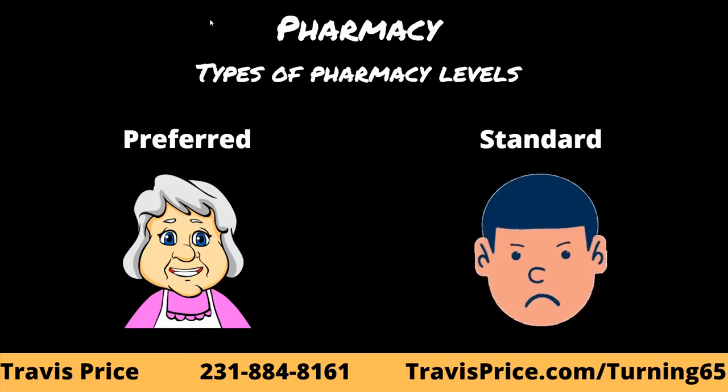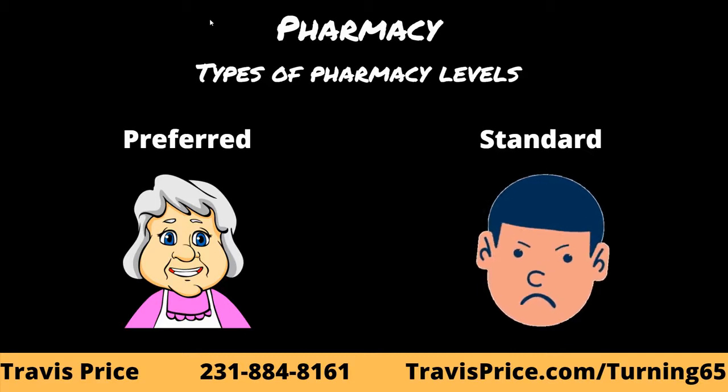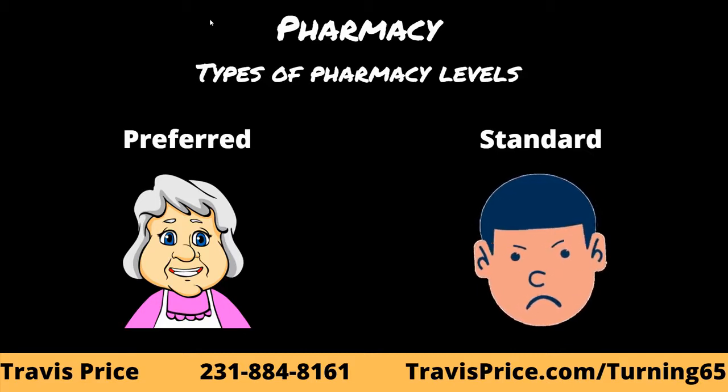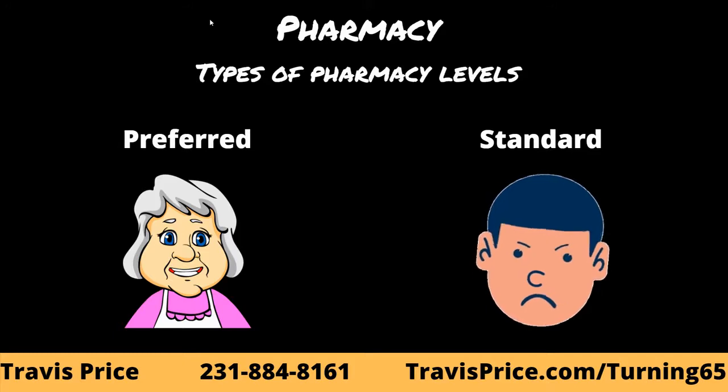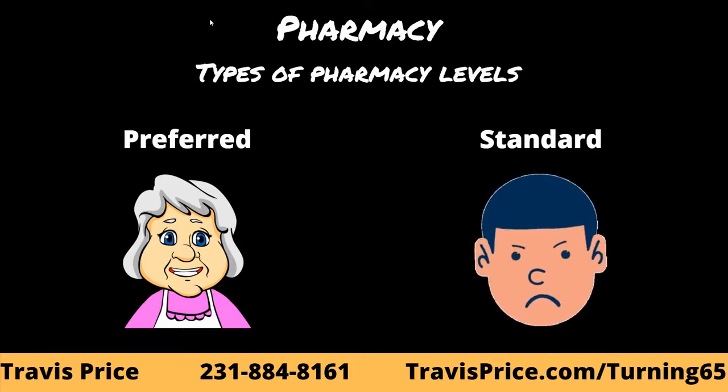So a preferred pharmacy for SilverScript would be CVS. You pay lower amounts when you use a preferred pharmacy. A standard pharmacy would still offer coverage, but you're going to pay more out of pocket for the same drugs.